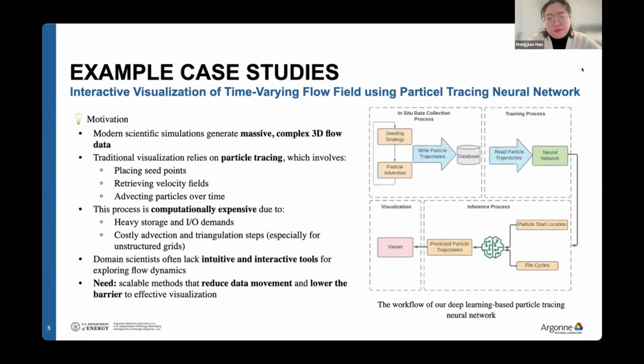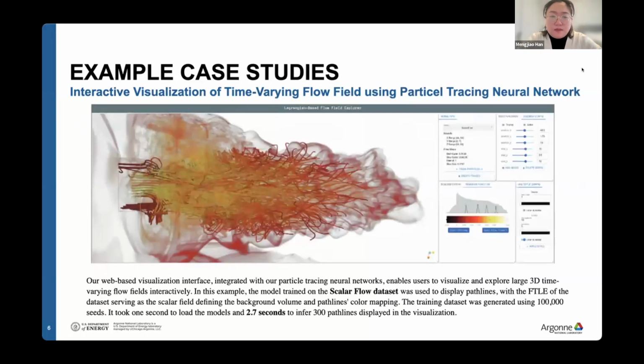Our approach replaces this entire process using a deep learning based model. The model learns to predict the pathlines directly from the flow field, which means instead of reading the massive velocity database and advecting the particles, we can infer the trajectories almost in real time. We then integrated this model into a web-based visualization interface for interactive exploration.